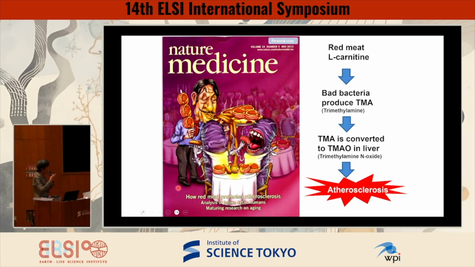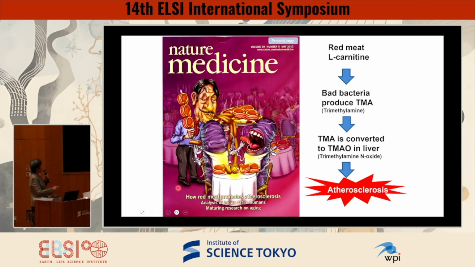If you have a kind of bad bacteria in your gut which produces TMA, trimethylamine, then the TMA is absorbed and goes into the liver, and the liver already expresses the enzyme that converts TMA to TMAO. That is already known as a risk factor for atherosclerosis.